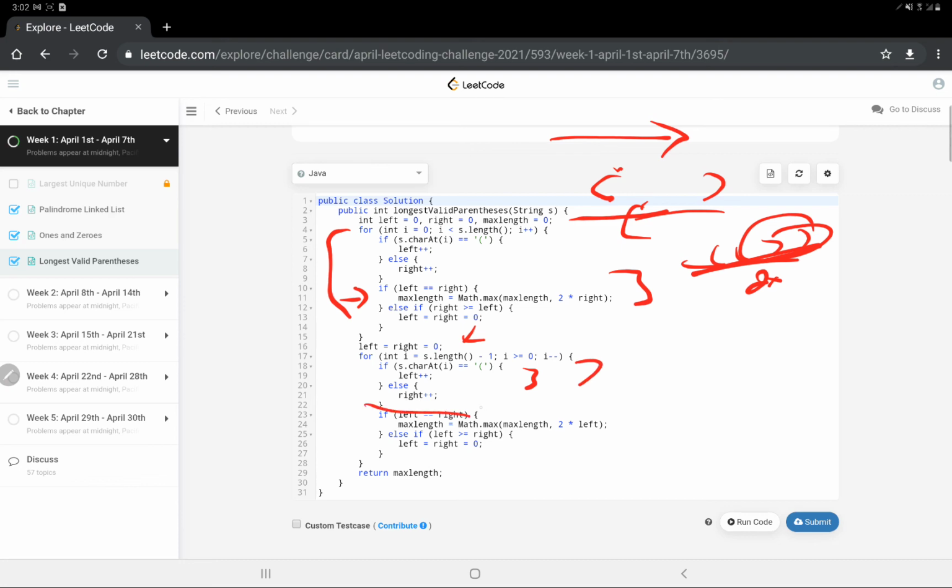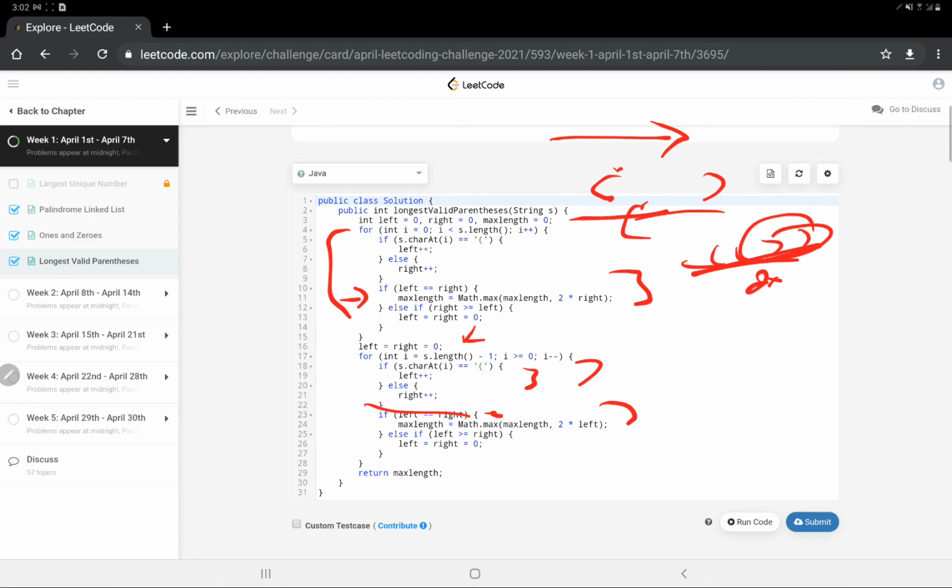Again, if left is equal to right, we update the maximum length. The maximum length will be updated in both cases, but our answer depends on this one. Now else if left is greater than right, which I have also explained earlier, we initialize them to 0 again and look for our answer. It's a very simple approach, and I hope it's clear.